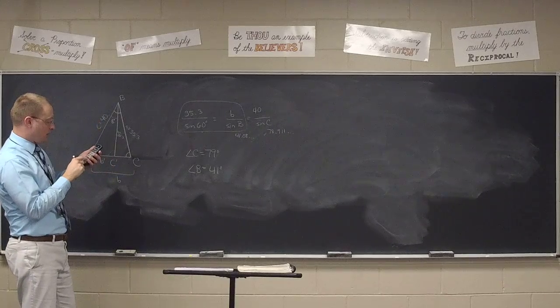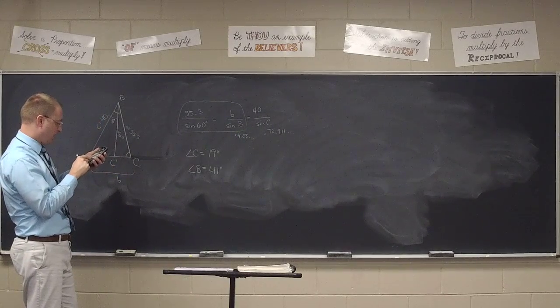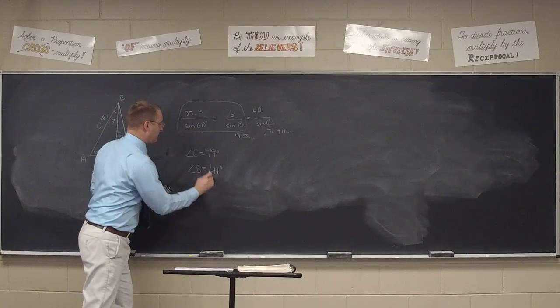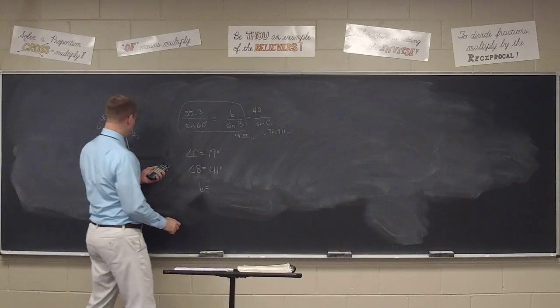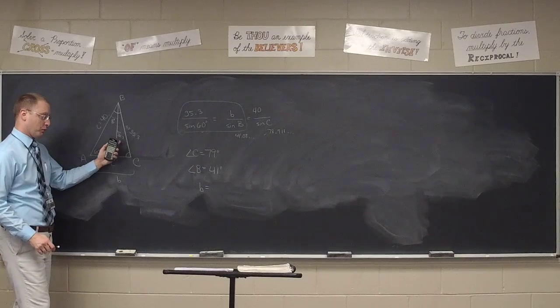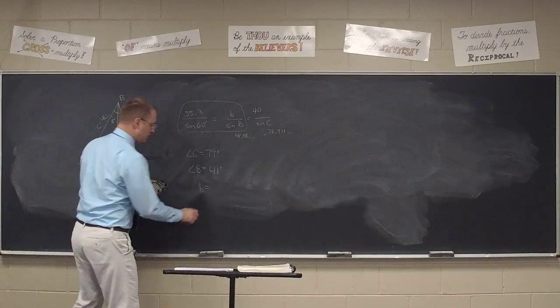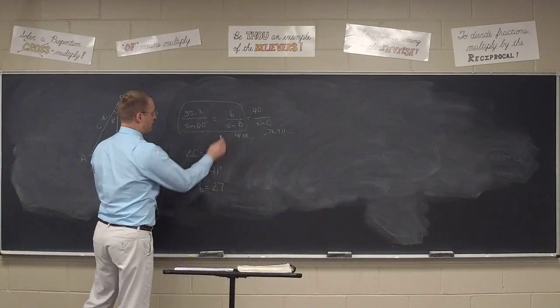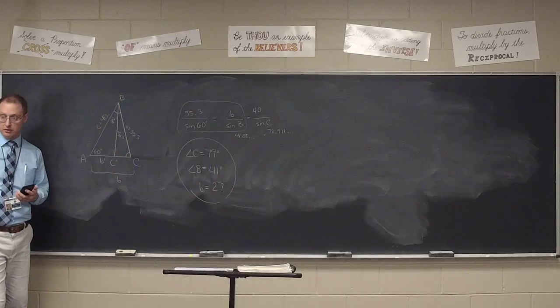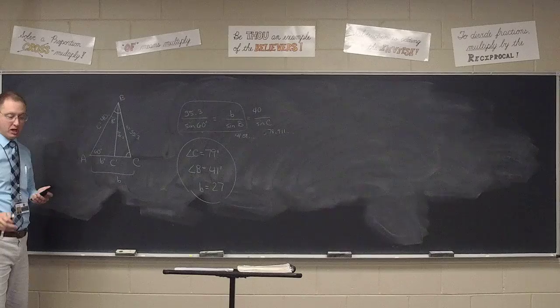Take the sine of the angle on the calculator times the 35.3, divide out the sine of 60. And what do we get for side little b? Good. If we go 2 sig figs because of side C, not the 3 I would have liked to use, we'll have to say 27 for side b. And there's the first triangle. Are we good on triangle 1? I could say there are those sig fig errors, but otherwise good.